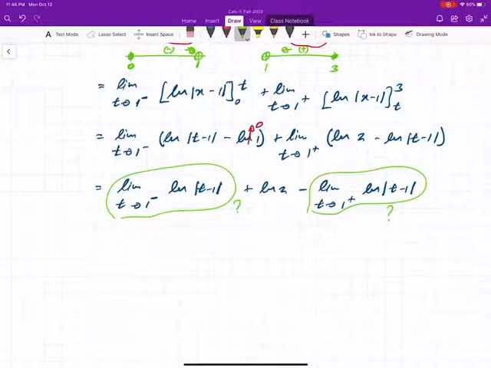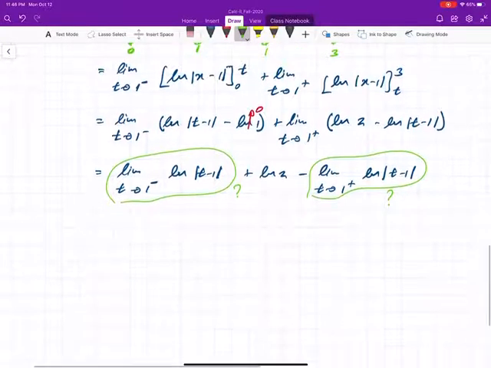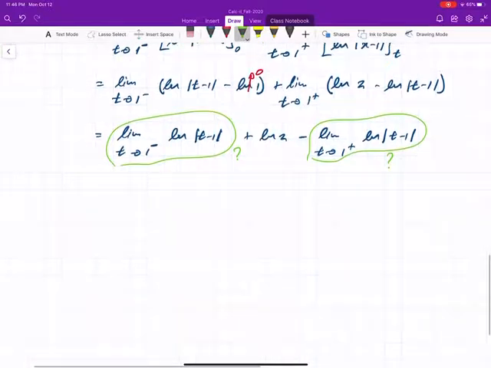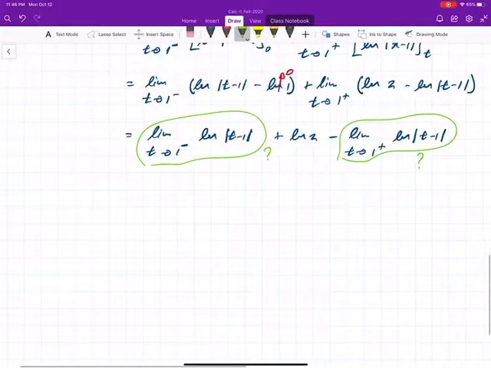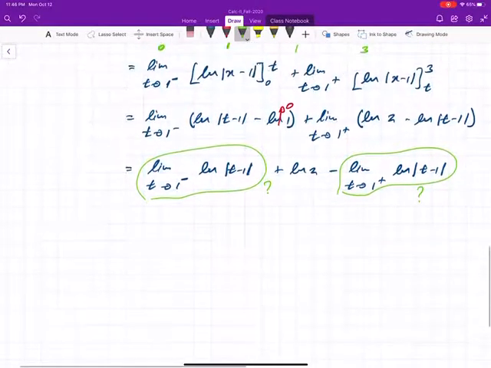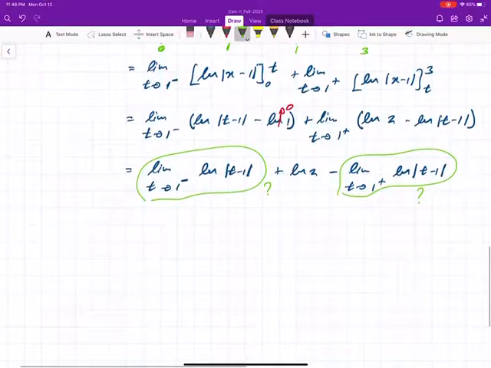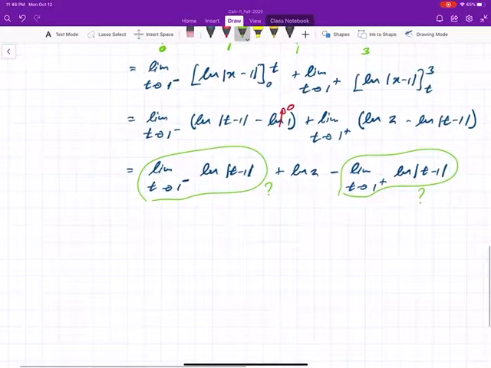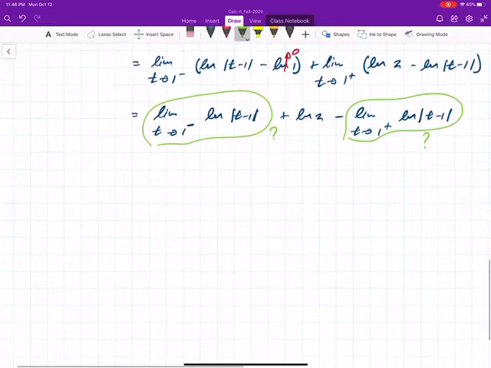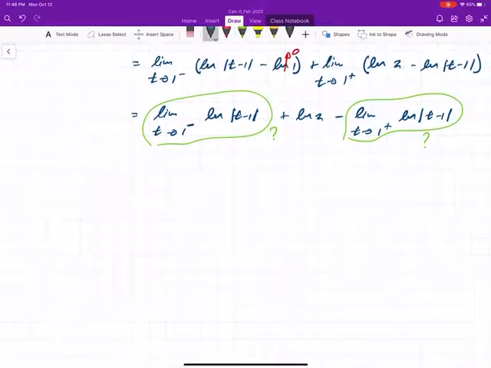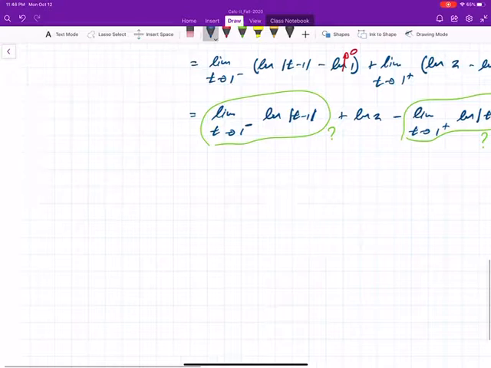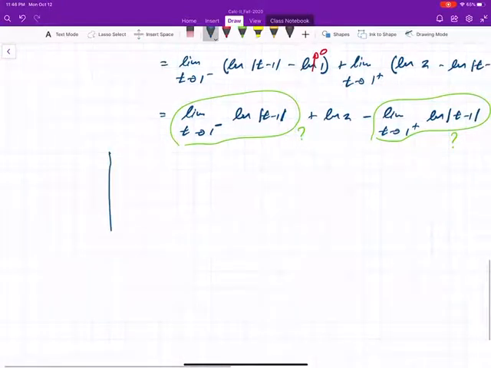Okay, before that you better draw the ln absolute of t minus 1 function. Before drawing ln |t minus 1|, let's draw ln t. Okay, you know how to draw ln t, which is easy, that you have drawn in calc 1.